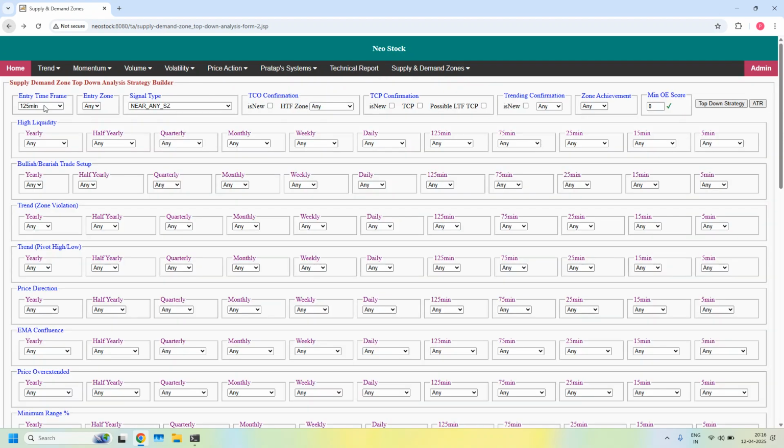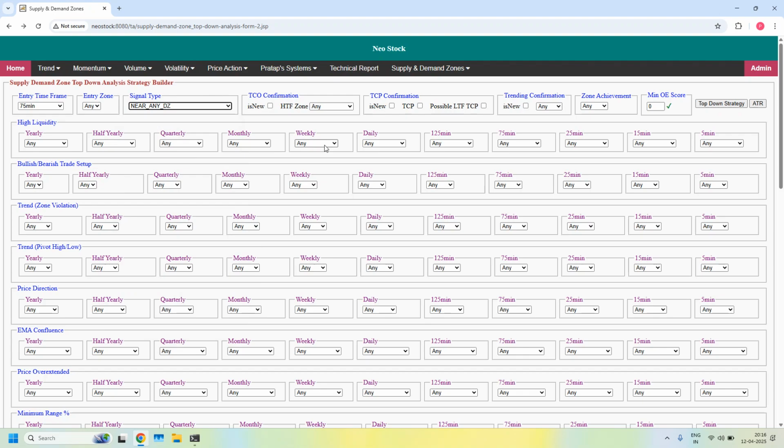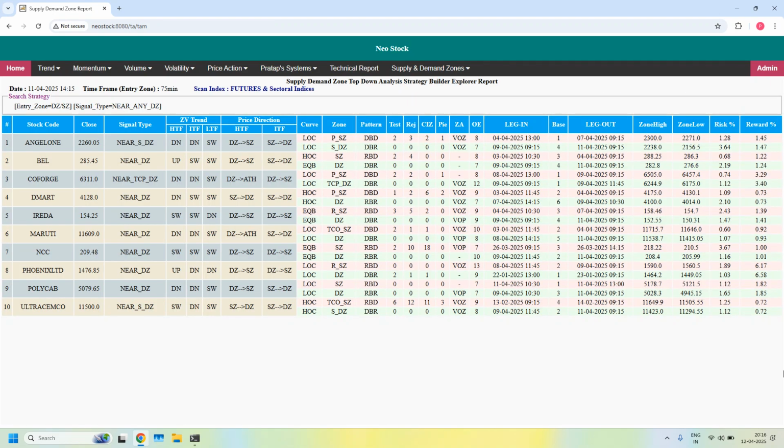Okay, next time frame is 75 minutes. Entry time frame 75 minutes. Let us find the stocks near the 75 minutes demand zone. We got 10 stocks. Let us identify high liquidity 75 minutes demand zones from this list. Angel One is having a 75 minutes high liquidity demand zone.